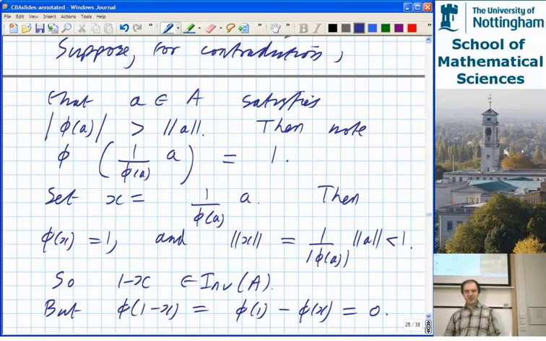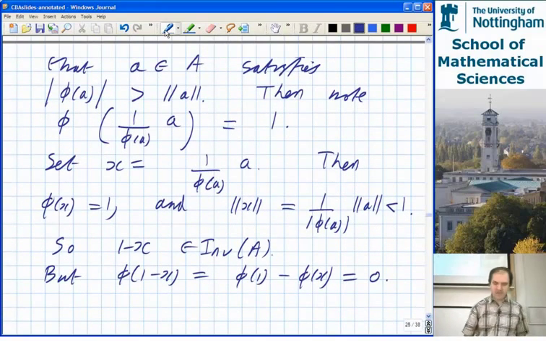So I have some sort of contradiction. What's my contradiction? Yes, I've got an invertible element, and phi of it is 0. So this is impossible because 1 minus x is invertible, and the character applied to it is 0.